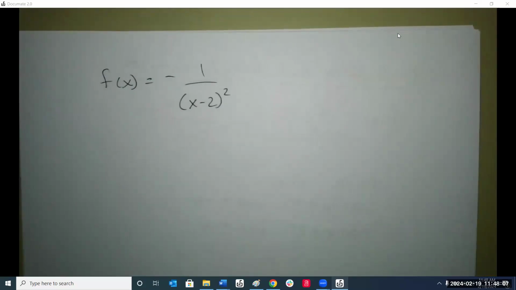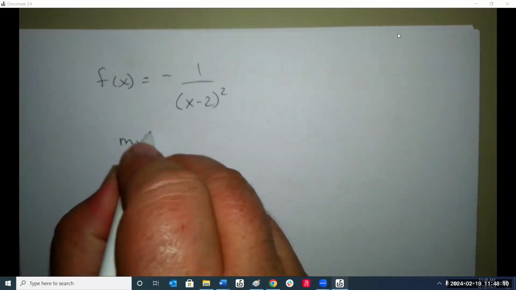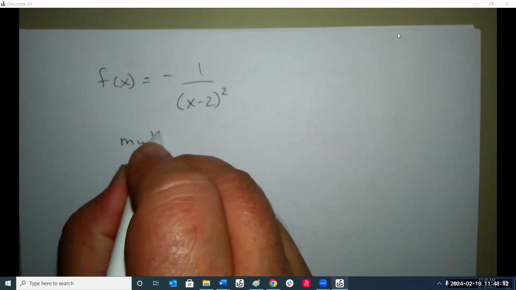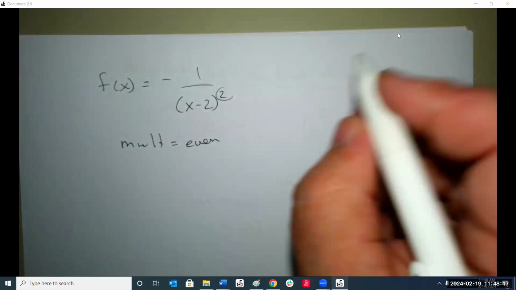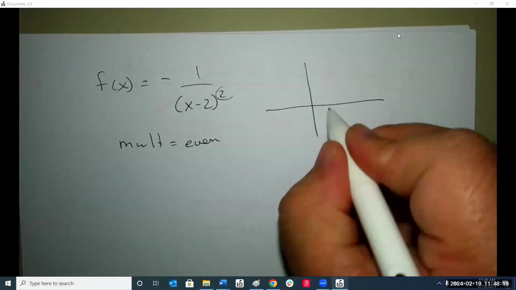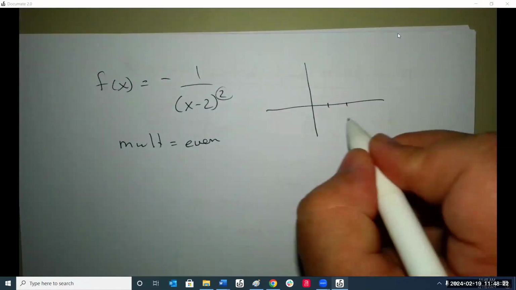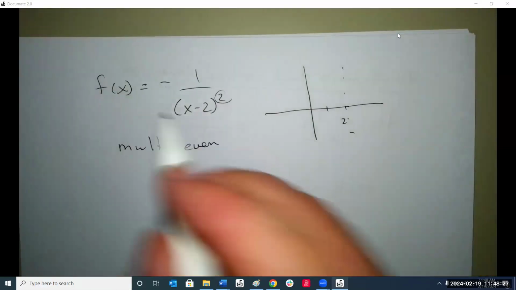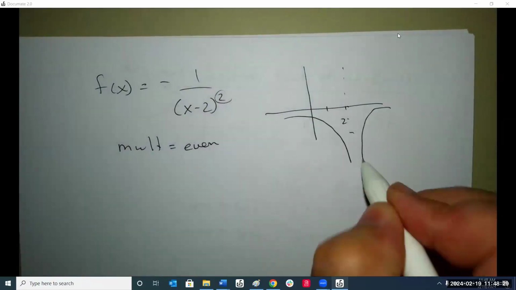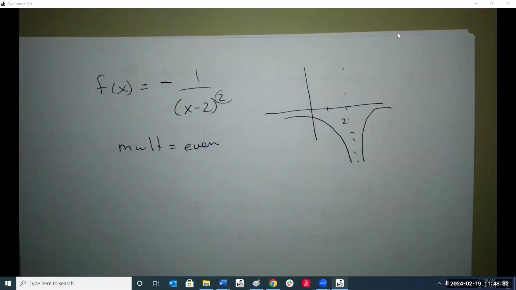And the last one, -1 over x minus 2 squared. We know the multiplicity is even, it's 2. It shifts to the right 2 spaces, but it now goes down because the negative is outside the function, so it flips across the x-axis.